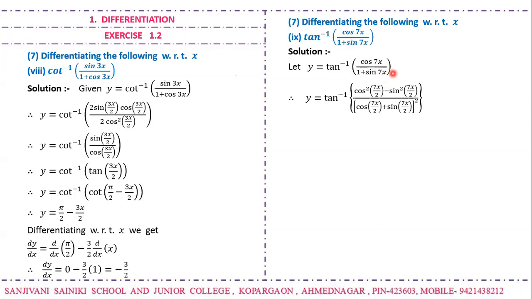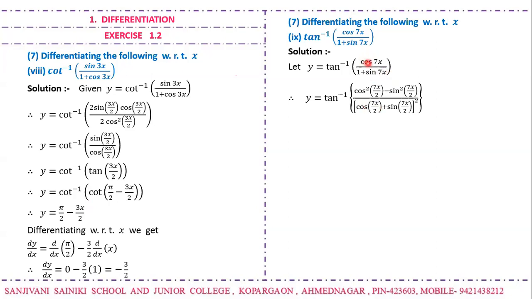This sin 7x can be written as 2 sin 7x by 2 into cos 7x by 2. So in the denominator, we can write that expression using the form a square plus twice ab plus b square as a plus b bracket square.